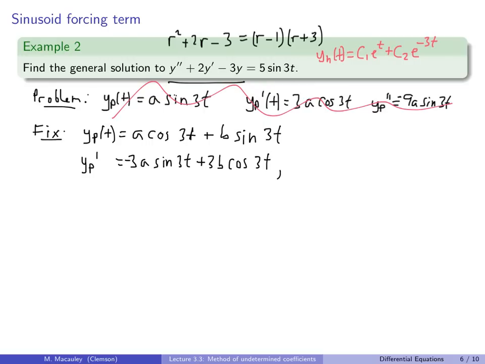And then the second derivative is yp double prime equals negative 9a cosine of 3t minus 9b sine of 3t.